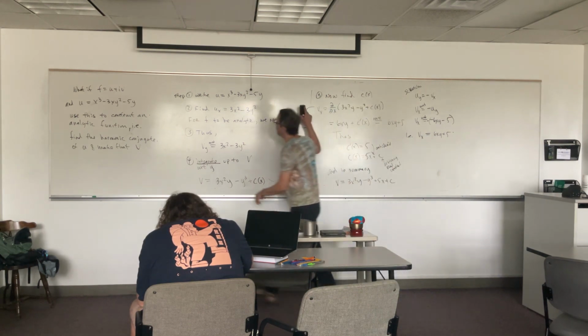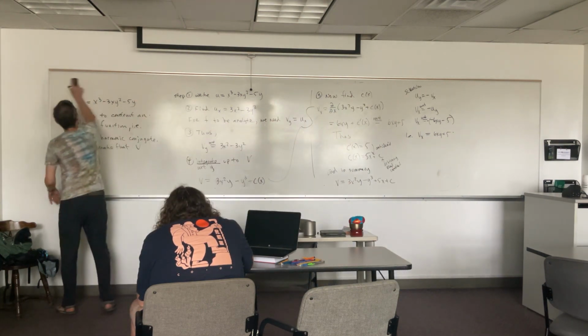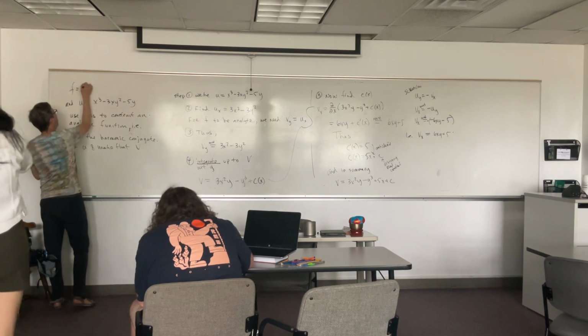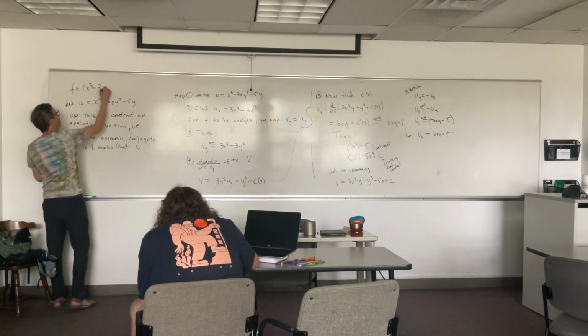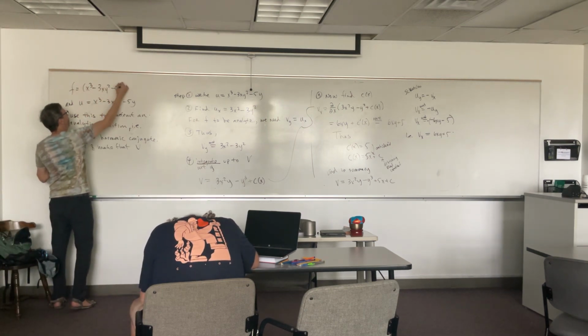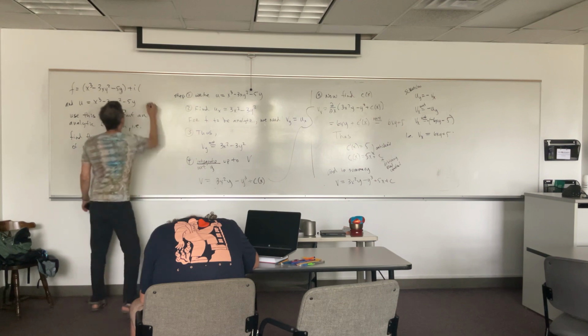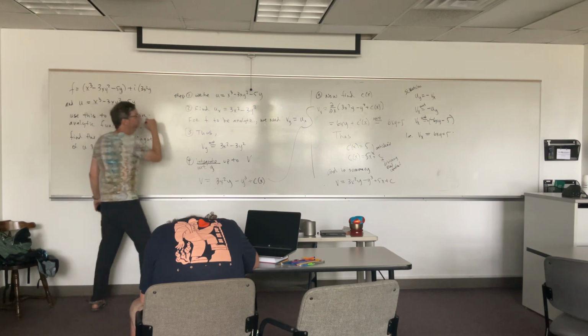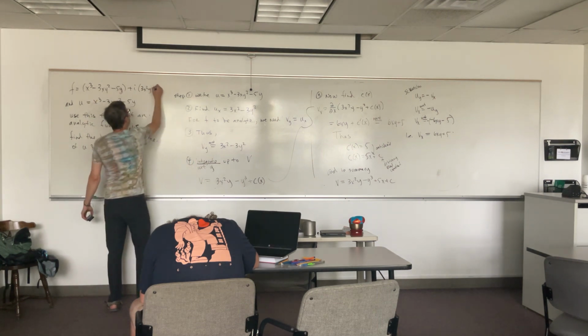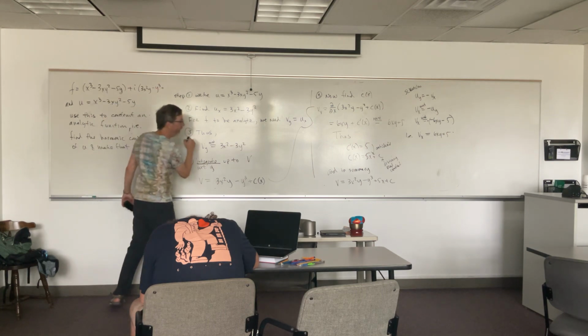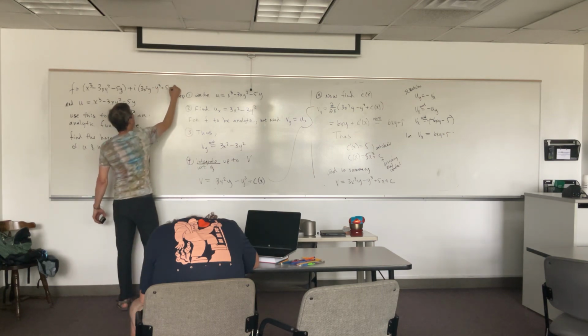Just for the sake of completion, I will say that f has to look like this. So f is x cubed minus 3xy squared minus 5y plus i times the beast we just built, 3x squared y minus y cubed plus 5x, plus c.